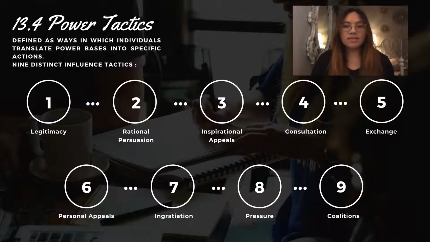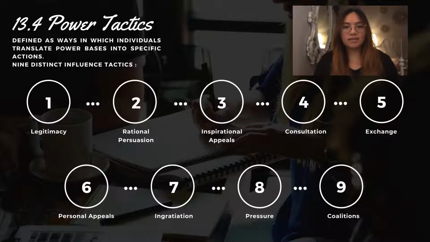And the third one is inspirational appeals, or developing emotional commitment by appealing to a target's values, needs, hopes, and aspirations. The next one is consultation, which is increasing support by involving the target in deciding how to accomplish your plan.